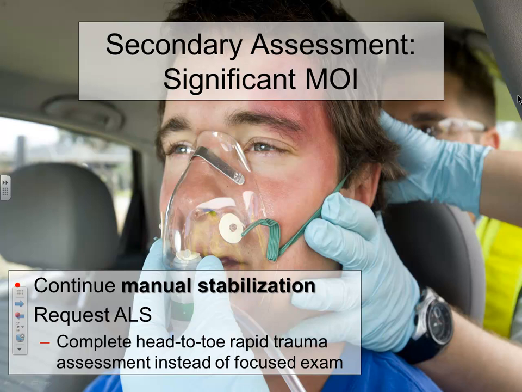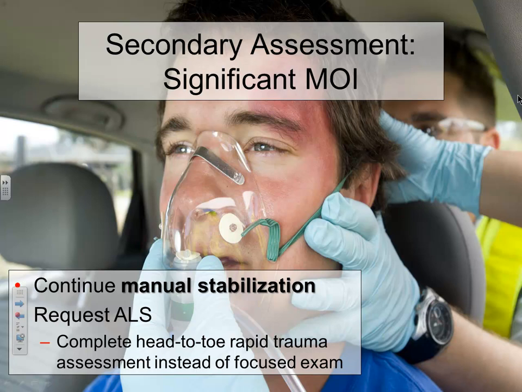A patient with a significant mechanism of injury, you're going to take manual stabilization. What that means is you manually take your hands, put them on your patient, and hold their neck. In this case, we're talking about the neck. Hold that still until you can get your cervical collar on, and then you'll hold that still until you can secure them to a long spine board.